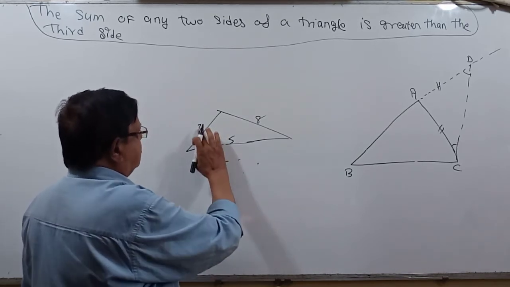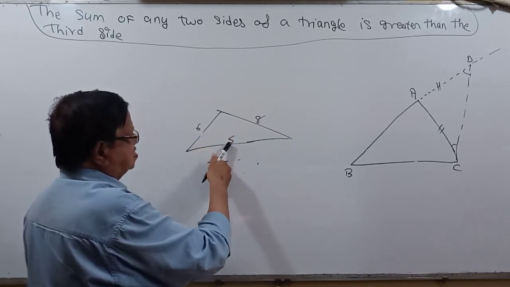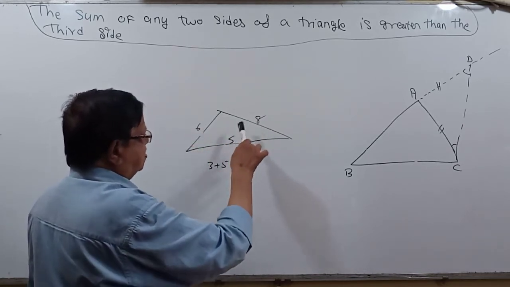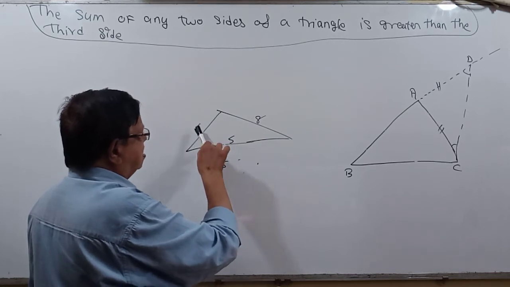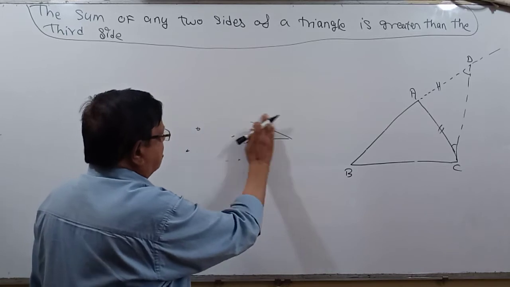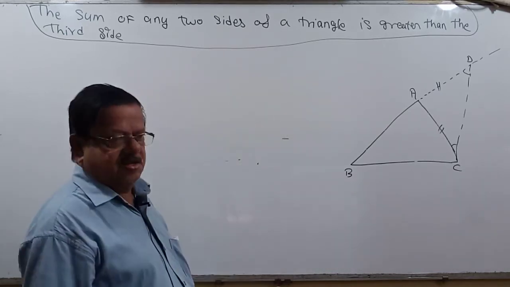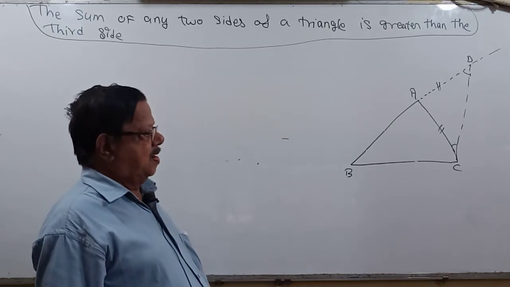So it has to be, say, 6 here. 6 plus 5 is greater than 8. 8 plus 5 is greater than 6. 6 plus 8 is greater than 5. The sum of two sides should be greater than the third side. This is what we have to do.